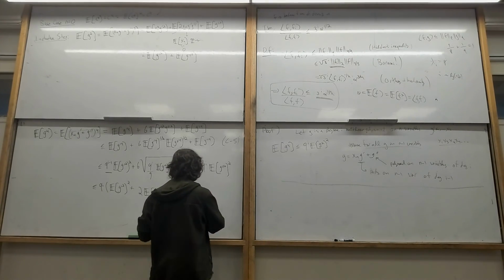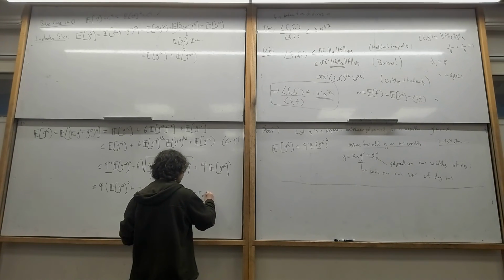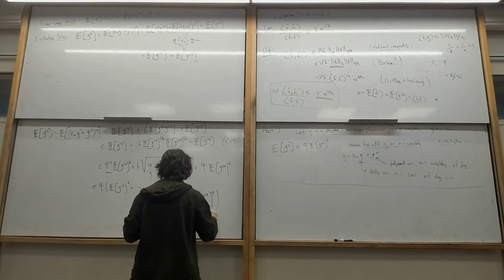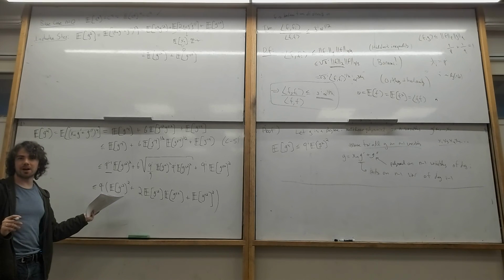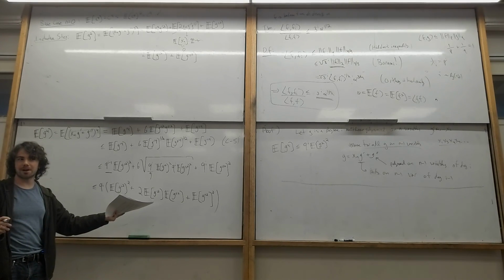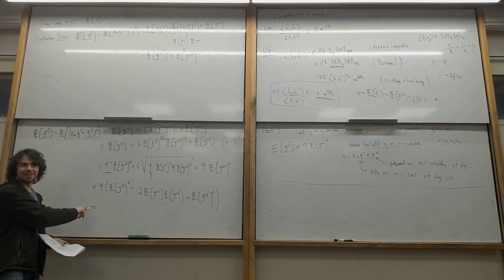Good. Yeah, it's not true otherwise. Okay, and this is just expectation g prime squared plus expectation g prime prime squared. Okay, now I actually mean it when I write equals here.